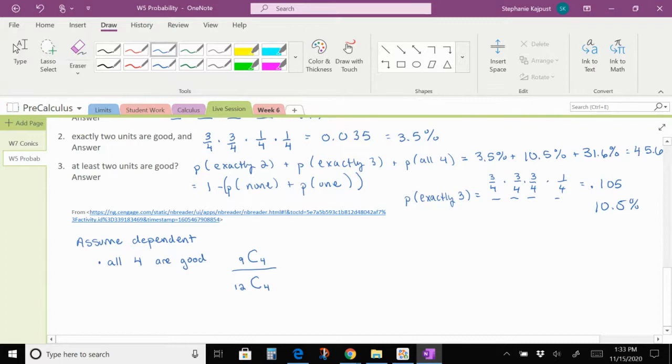This is similar to the card problem if you're assuming they're dependent events. So all 4 are good. We basically have good times bad, but we don't have any bad ones. So we just literally are, okay, if I pick 4 out of those 9, how many ways can I do that? And so let's actually show how this can change the numbers, basically.